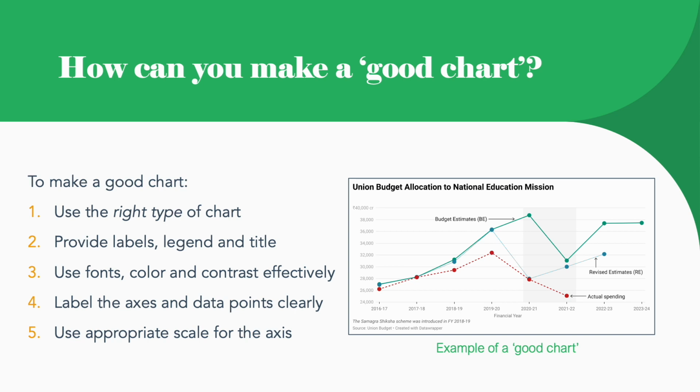If you have the provision to use color, you should use it judiciously. You shouldn't just use 5 different colors for 5 different lines and 5 different graphs. That is not helpful. And lastly, but most importantly, point number 5, using an appropriate scale for the axis.